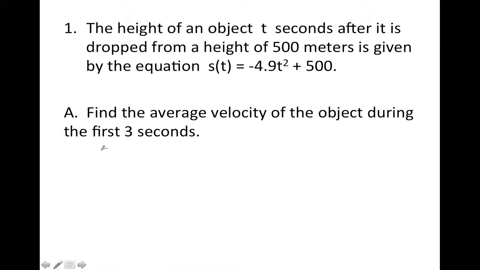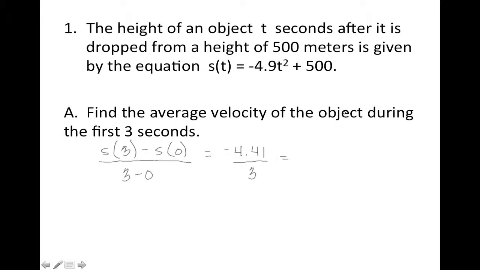So, as we've done lots of times, we'd simply calculate s of 3 minus s of 0 over 3 minus 0. When you do the subtraction in the numerator, I know you come out with like a negative 4.41. You can try that later on your own. Divided, of course, by 3.